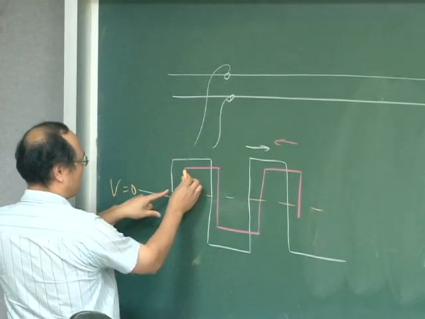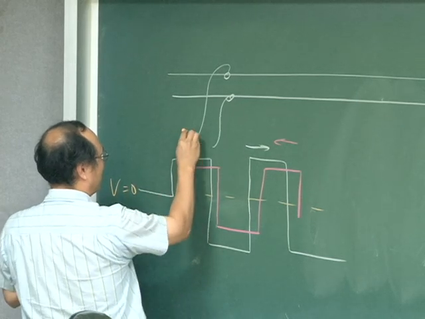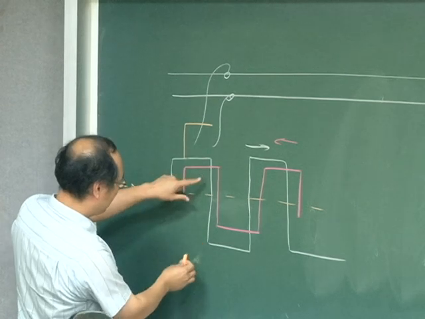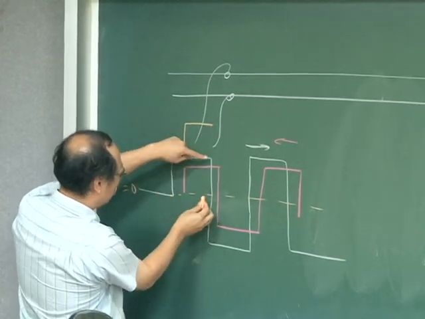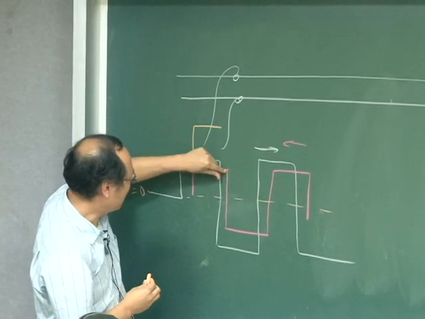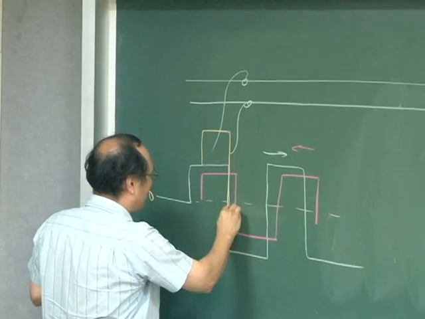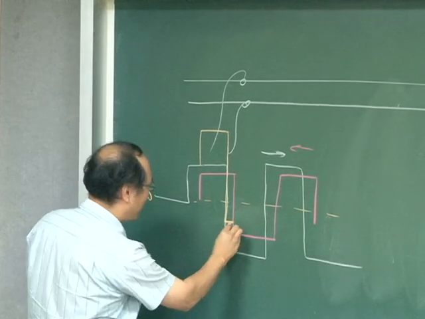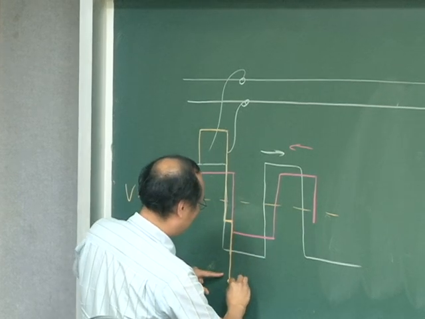So you end up having a signal added up. Okay, here you add this whole section together, and when you come to this point, you have something negative, so you drop all the way down, and then come to this point, and then you add together like this.